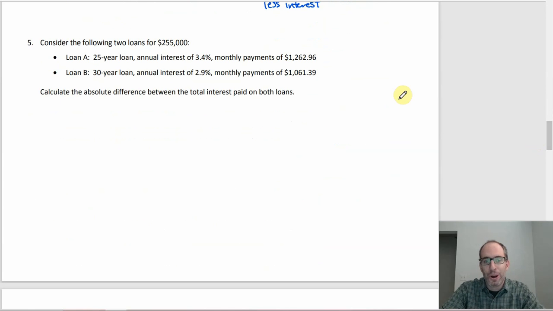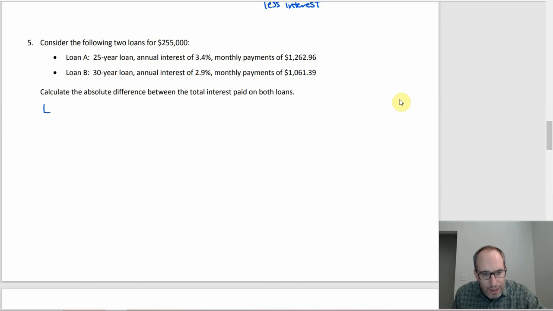Now we just have to figure out the total payments by multiplying out. And then from there we could figure out the difference in interest. The difference in interest would actually just be the same thing as the difference between the total payments as well. So I don't know if I'd call that cutting a corner, but if you see that, that's one little step that you could cut out.